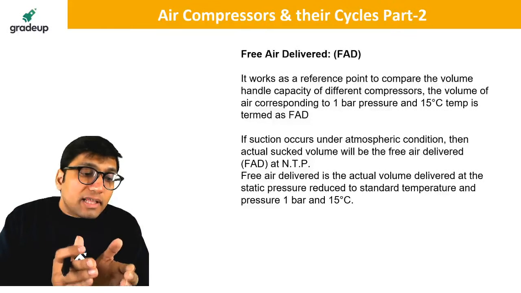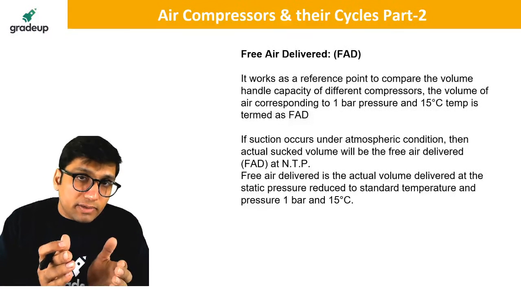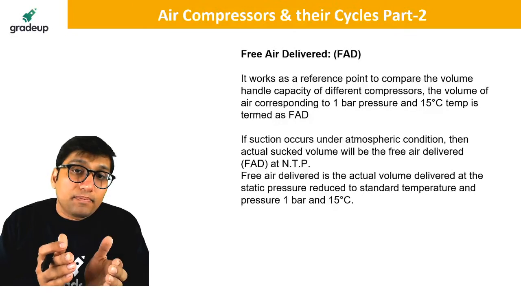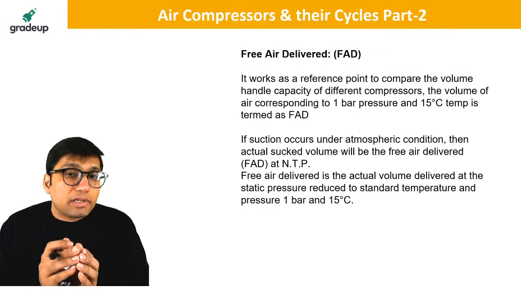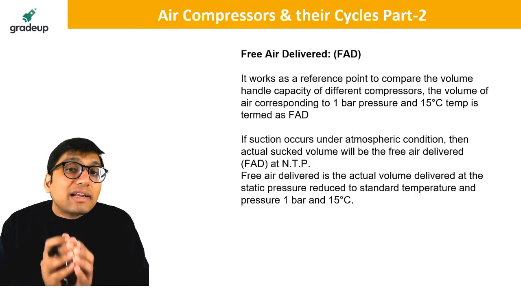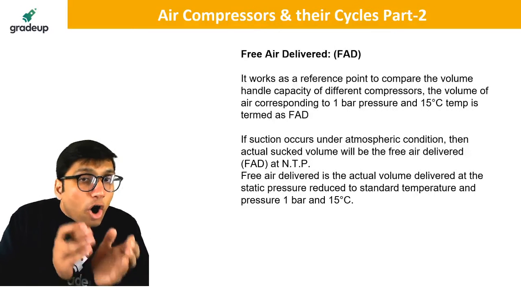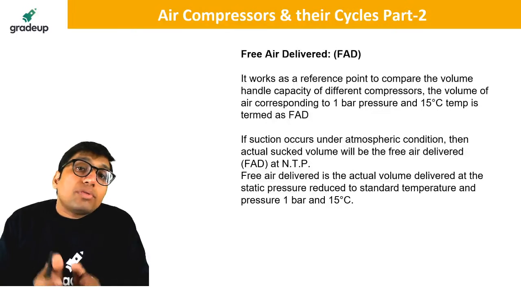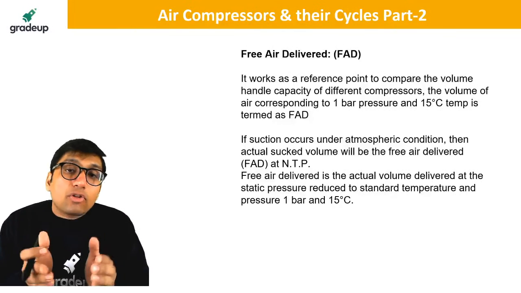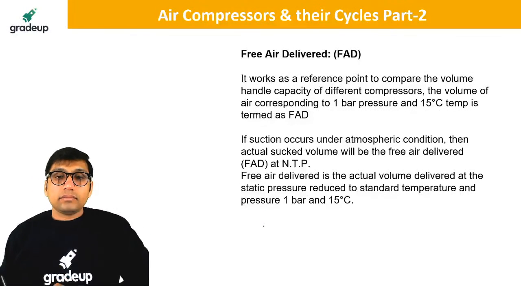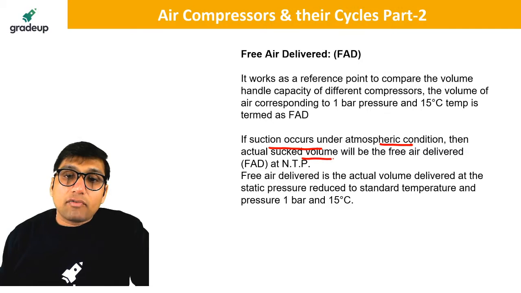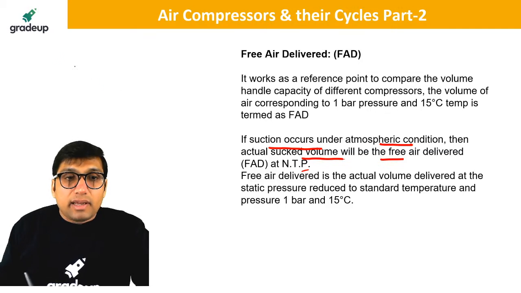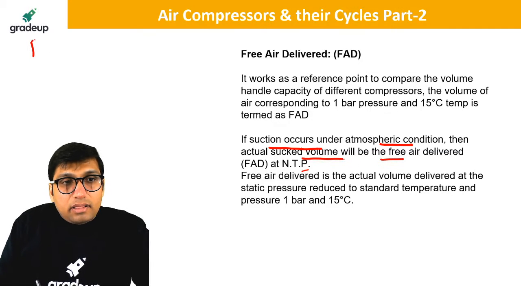Generally in the compressor, the inlet conditions are the atmospheric conditions, normal temperature and pressure. So if you want to see the delivery condition of the compressor with respect to suction condition, that is called free air delivery. So free air delivery basically means that if suction occurs under atmospheric condition, then the actual sucked volume will be the free air delivery. Basically, it is the formula we use.